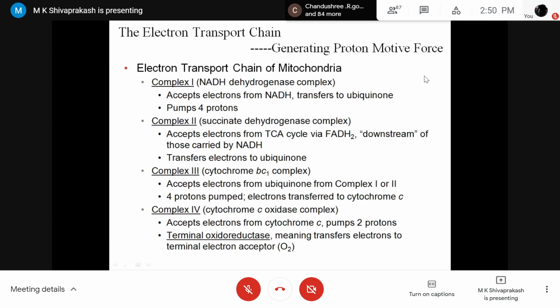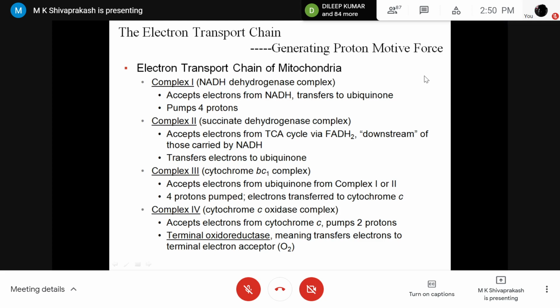So complex 1 accepts electrons from NADH and transfers them to ubiquinone, and in the process, it pumps 4 protons. Then complex 2, the succinate dehydrogenase complex, accepts electrons from the TCA cycle via FADH2.